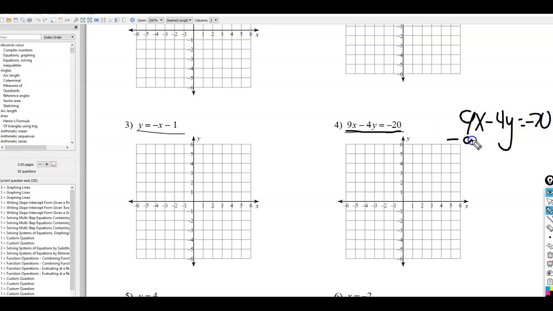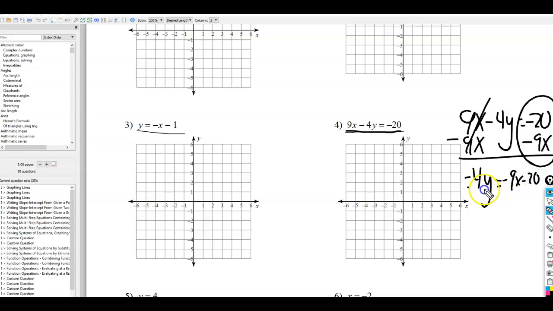So the first thing you're going to do is move the x term to the other side. Now, since that x and that 9x and that negative 20 are not like terms, we can't actually combine them. So all I'm going to do is put them next to each other, like that. The next thing I'm going to do is divide both sides by the negative 4. So we're going to divide out the number that is in front of the y.